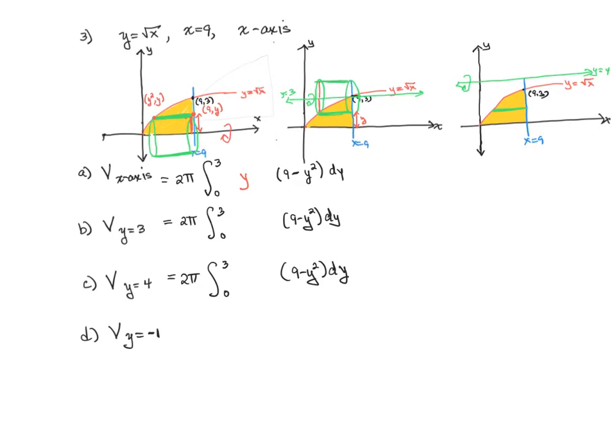The distance from the x-axis to the axis of revolution is 3. So the radius of the shell, which is above that, is 3 minus y. And we could use the same idea as we had last time. Now when y equals 4, we're moving up 1, so we have a bigger gap.